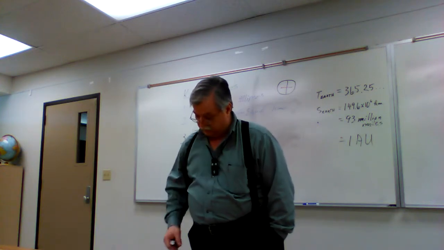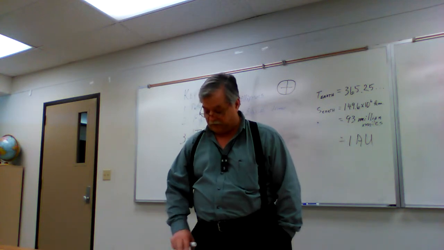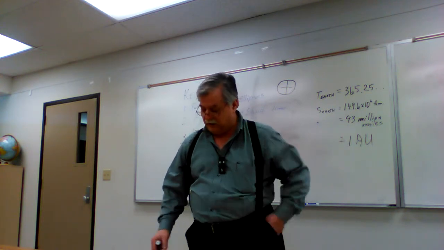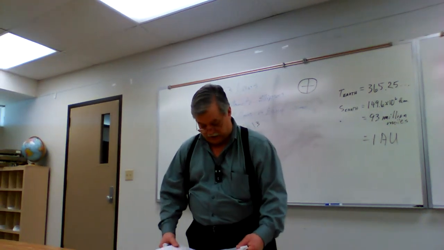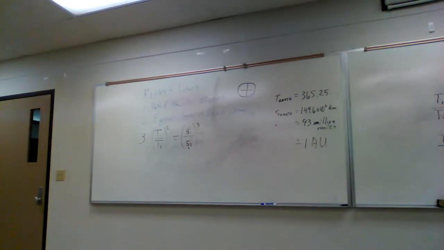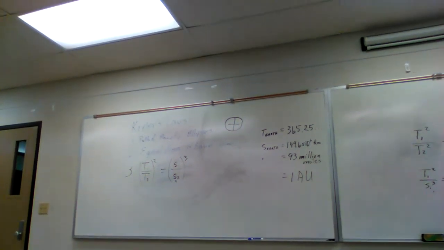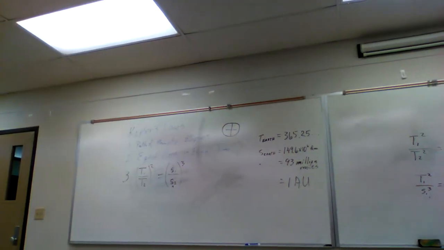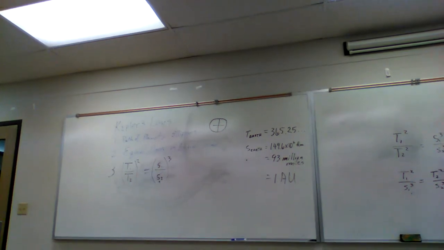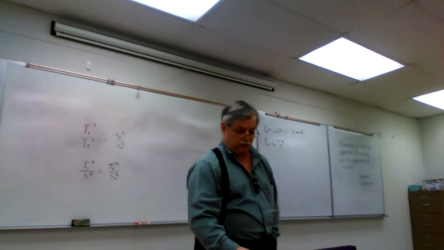Now, I do want to do this. Hopefully we can do this quickly before the class is over. I want to go through and look at how we would use Newton's universal law of gravitation to derive Kepler's third law. Because this is how Newton got people to accept his universal gravitation.